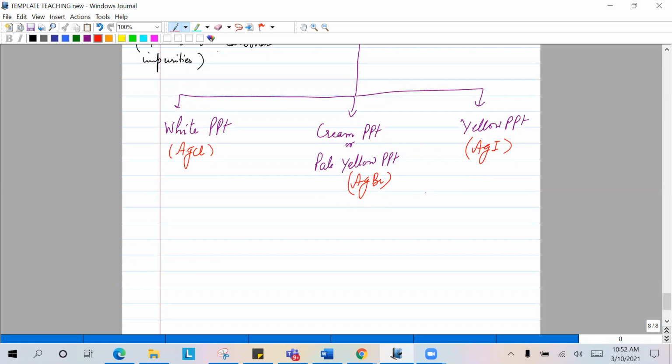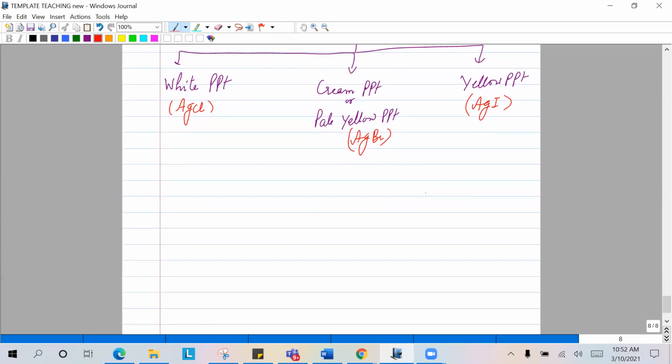So what we do is we do a further test of solubility of precipitates, solubility of precipitate in ammonia solution.